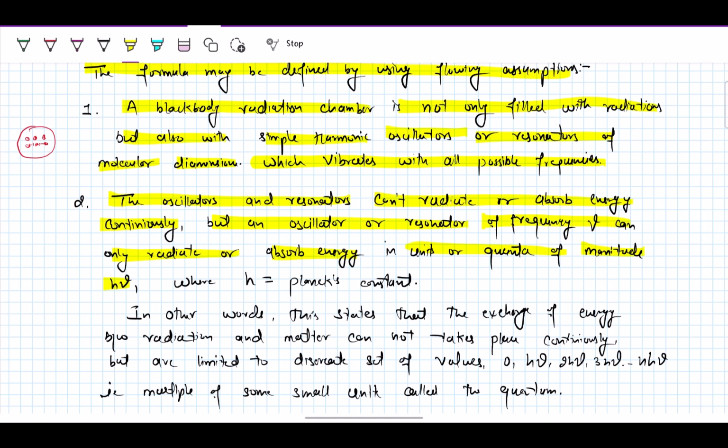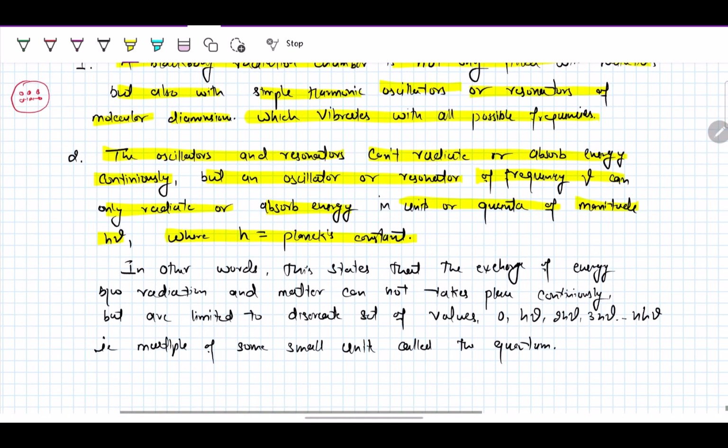Okay, so there is no continuity in the radiation or absorption of energy for black body radiation, but these oscillators will radiate or absorb energy in terms of quanta, right? And having magnitude equal to h nu, where h is Planck's constant.